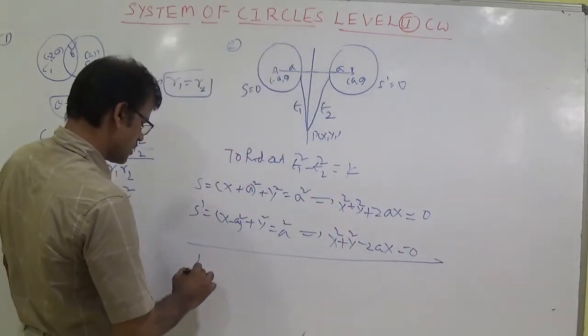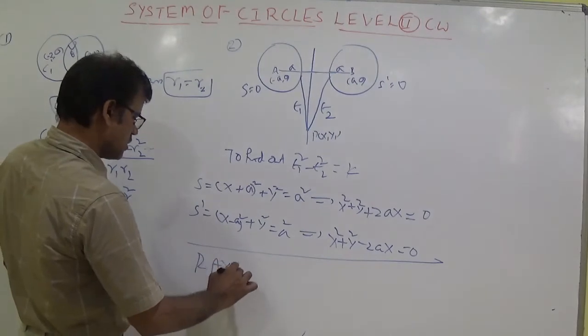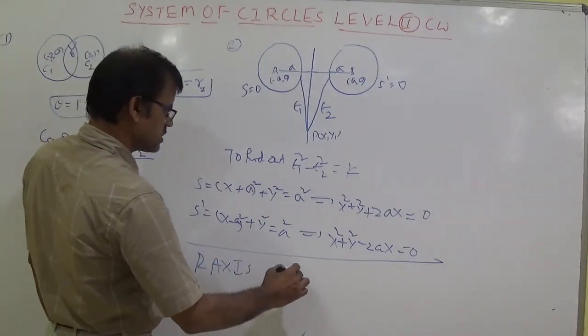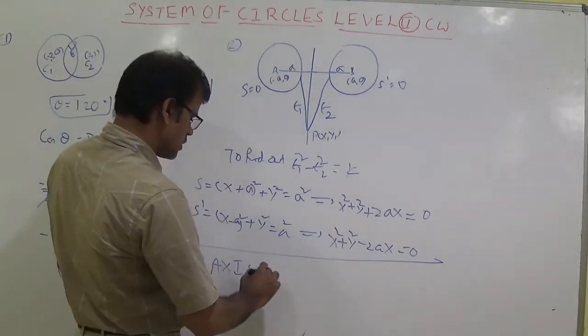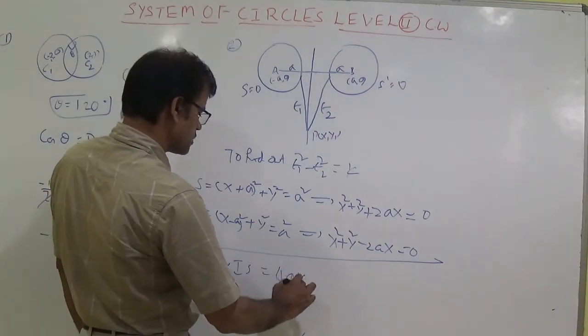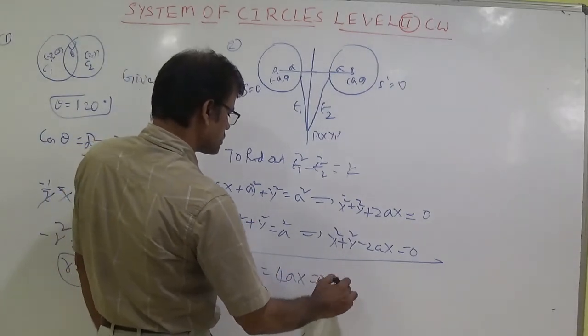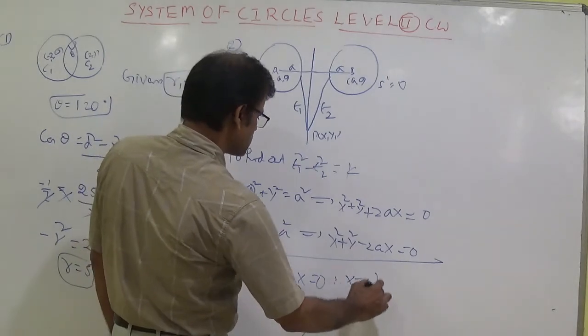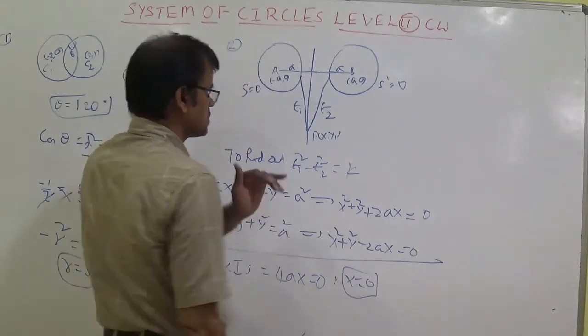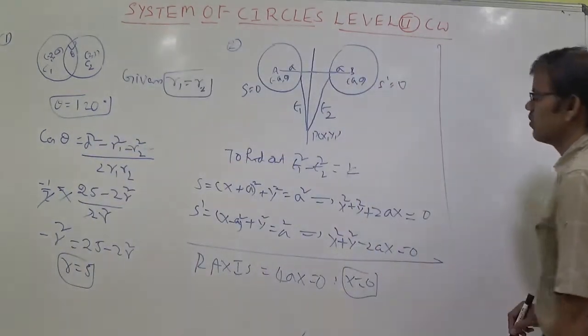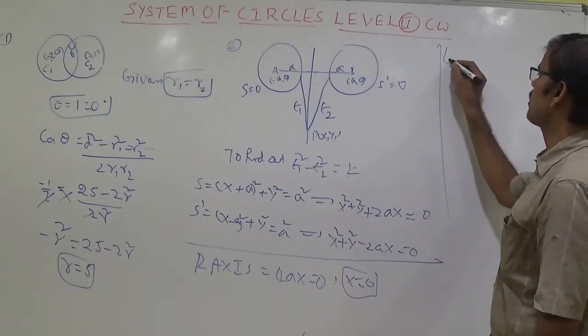Try to understand the radical axis. The radical axis is S - S' = 0. Here it can be understood as 4ax = 0, which you can understand as x = 0. Put aside: x = 0. What is T1? Length of tangent.